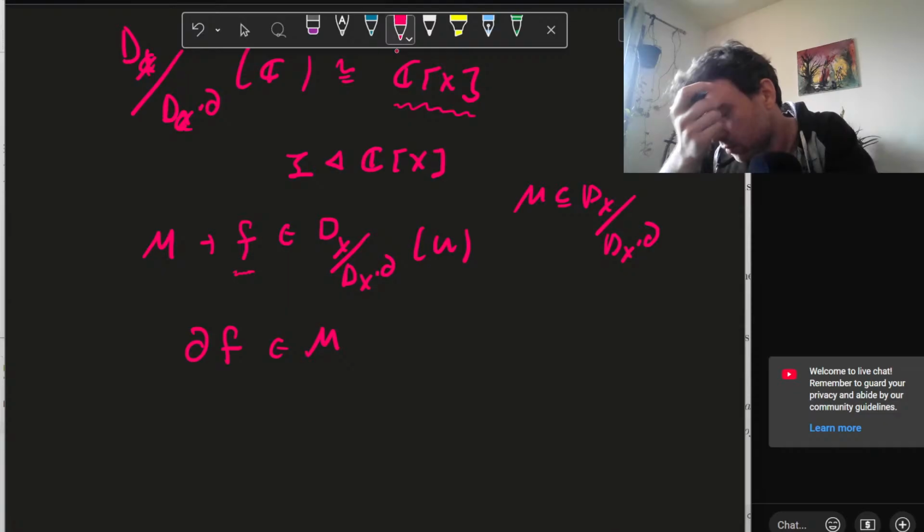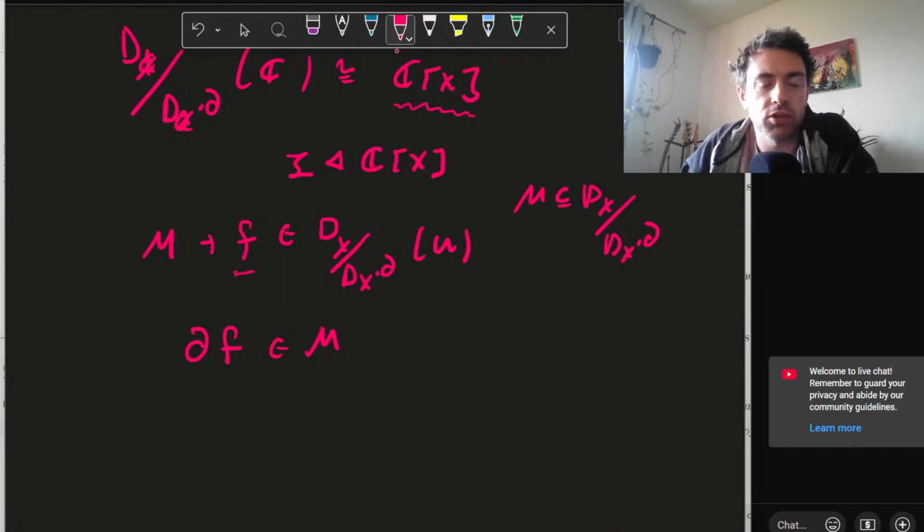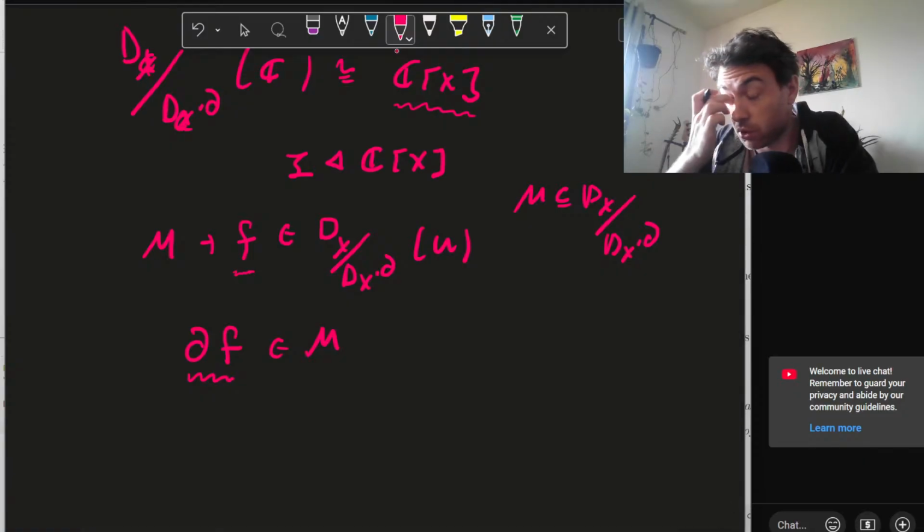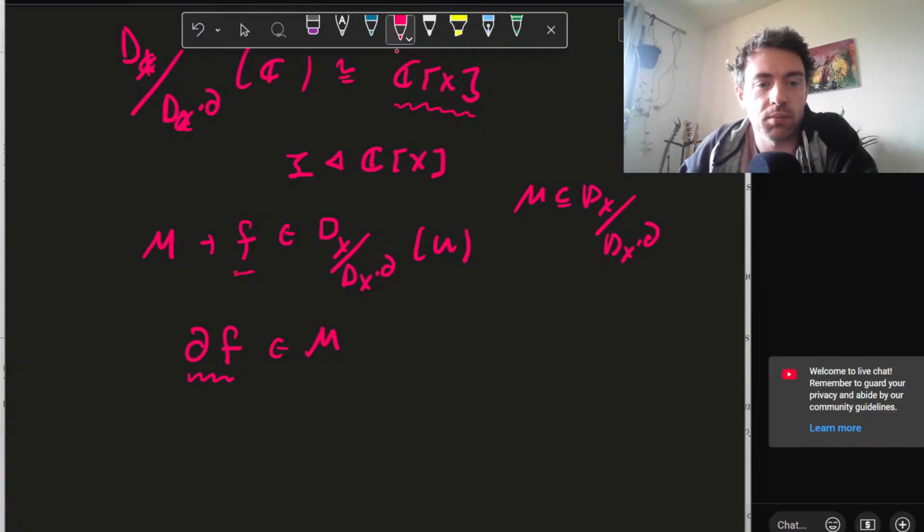And so, by successively applying del, the leading coefficient of F has to belong in M, because you just keep applying it until you get a non-zero scalar.